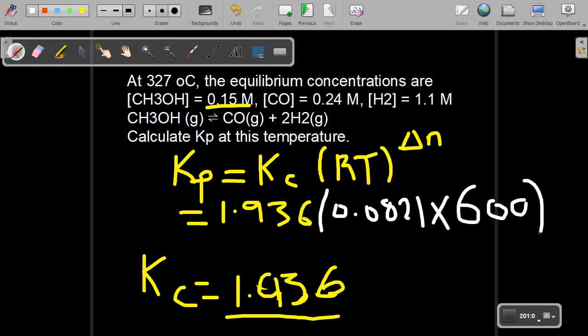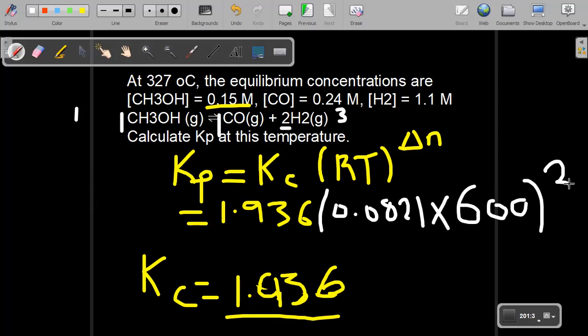For the change in number of moles, you go to the equation, look at the stoichiometric coefficients. This one has got a 1, this one has a 1, that one has a 2. So 2 plus 1, on the product side you have 3, on the reactant side you just have a 1. So the change is 3 subtract the 1, which will give us a 2.